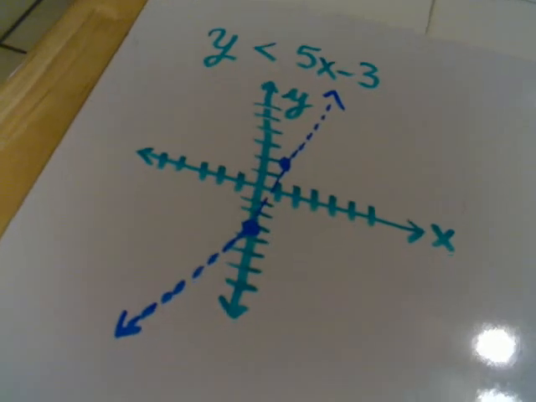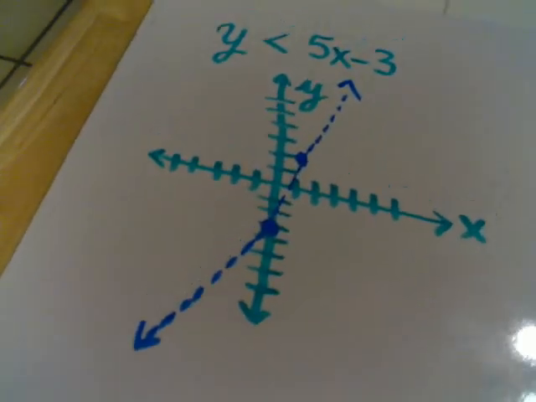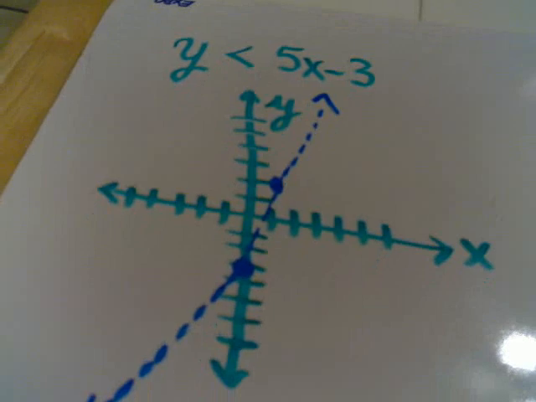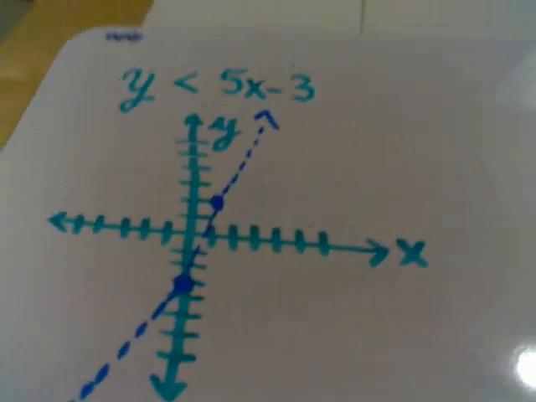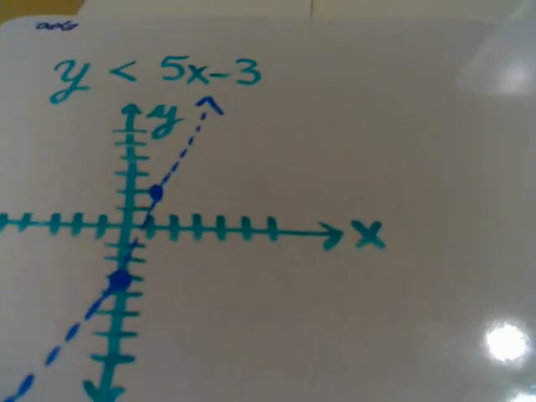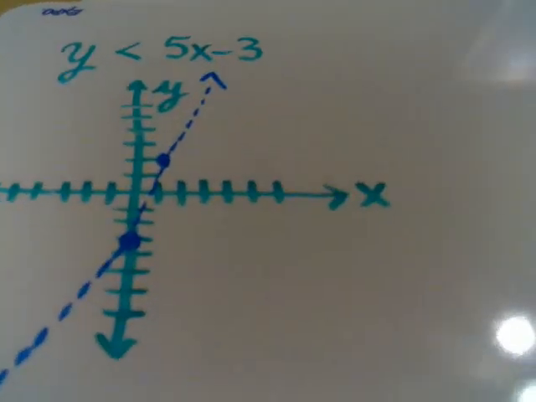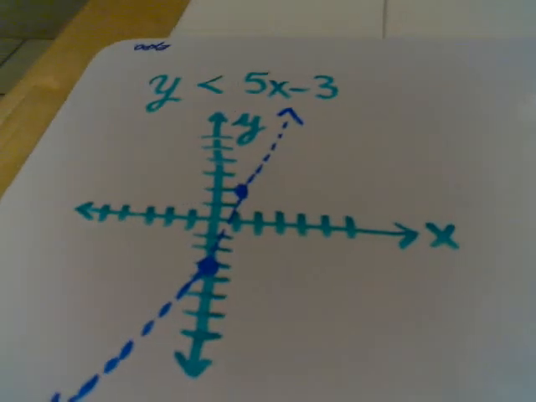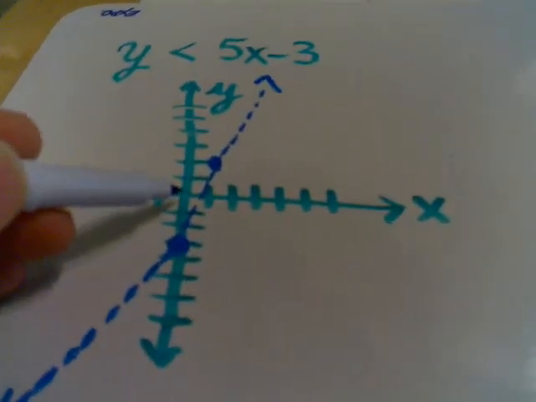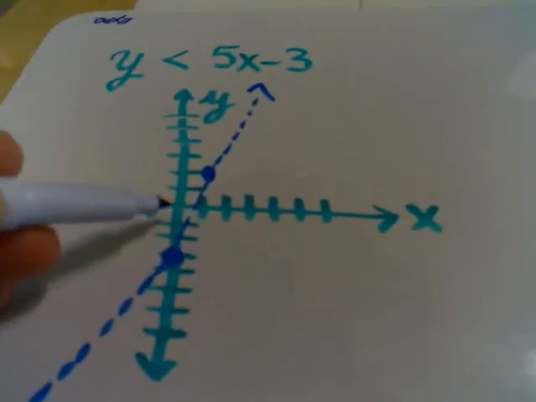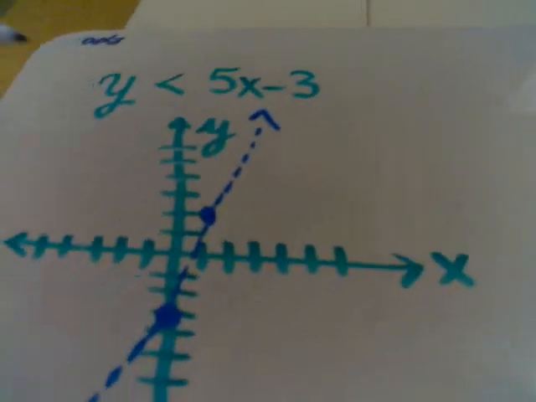Now, what we have to decide at this point is whether the solution set is going to be the set of all ordered pairs above the line or below the line. And the way we find that out is by using a test point. The best test point to use is the ordered pair 0, 0. And I'm going to plug that into the original inequality.